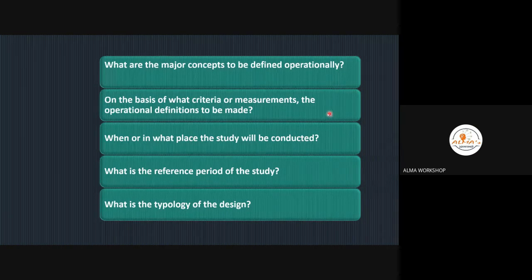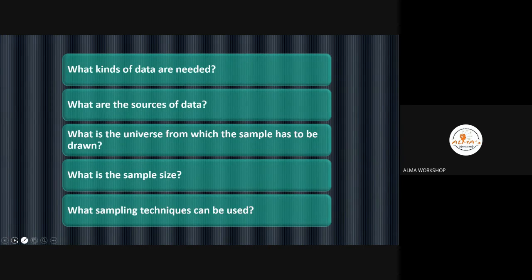Okay. So based on what criteria can your measurements and operational definitions be made? And what and when will the study be conducted, and what is the time period, that is very important. And you have to know the design of research also. Okay. What are the kinds of data needed? All these are your questions before you do your research.